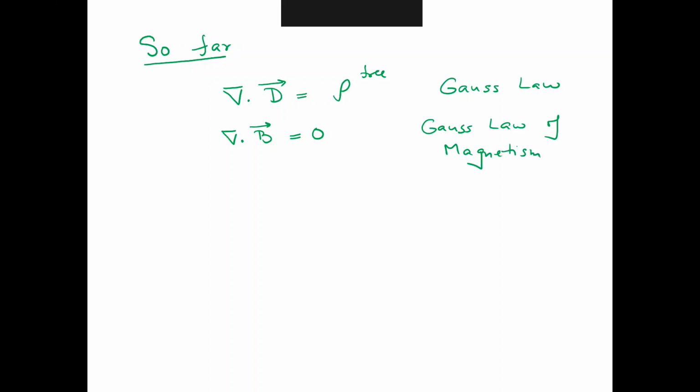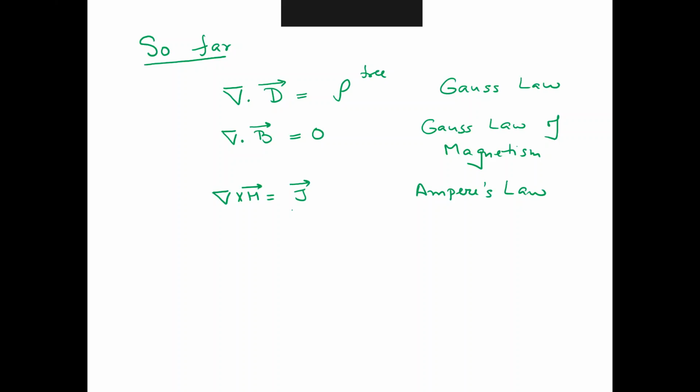And then you have del cross H is equal to J, which is your Ampere's law, basically saying that what you create, the magnetic field, has to be closing around the source.